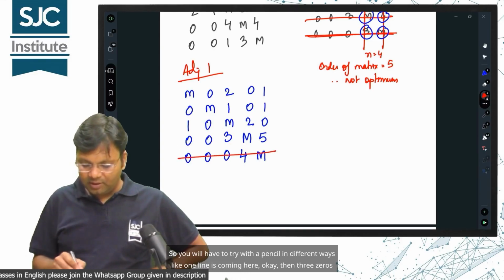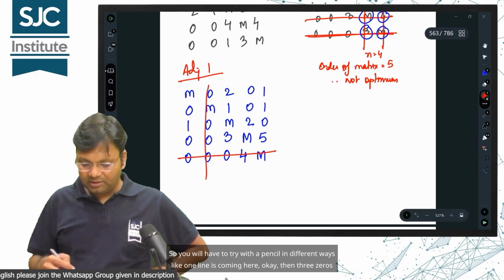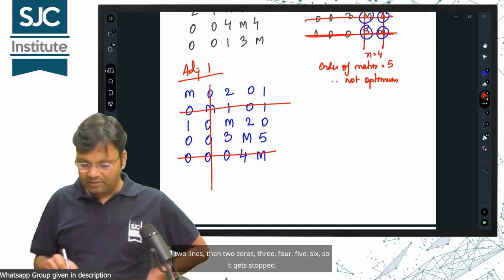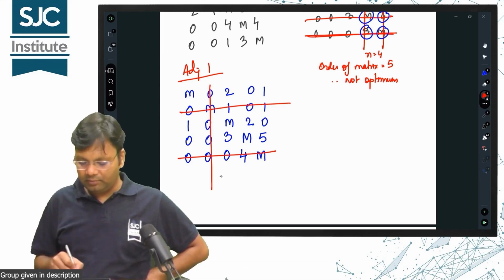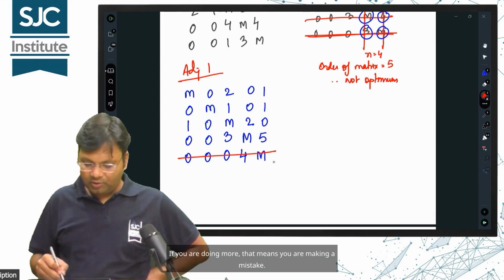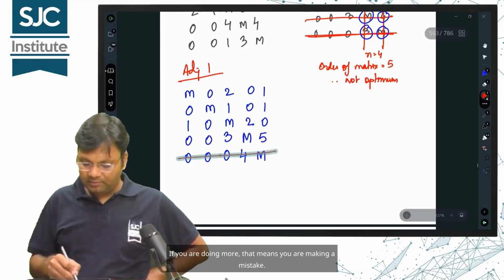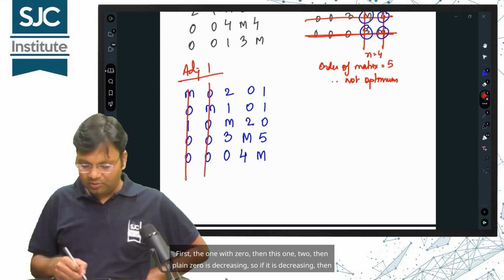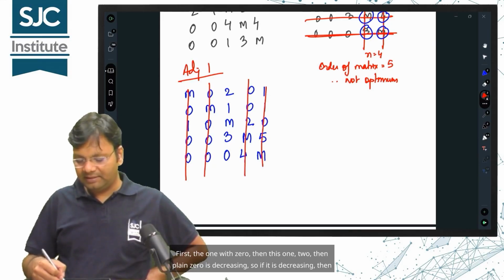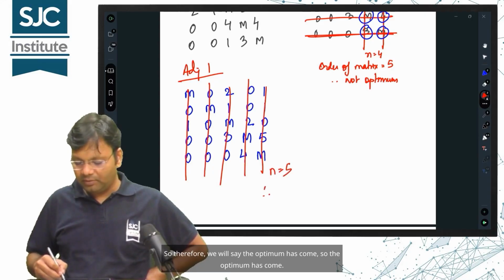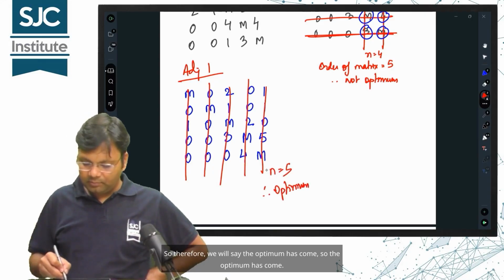It can't be more than this. If you are getting more, you are making a mistake. So the rule is that the number of lines is 5, so we will say the optimum has come.